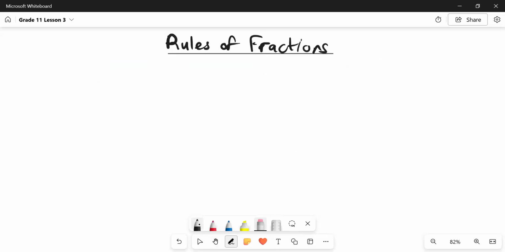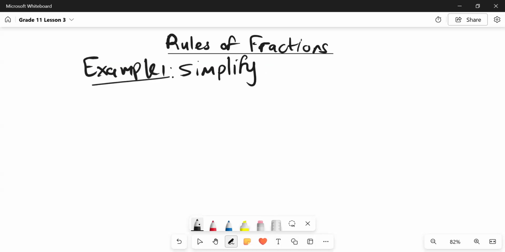So for example 1, here they're saying simplify. We have to simplify, and we are given x squared plus 5x minus 6 divided by x squared plus 2x.